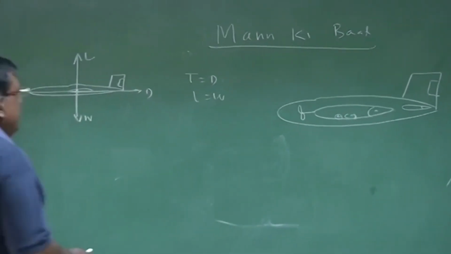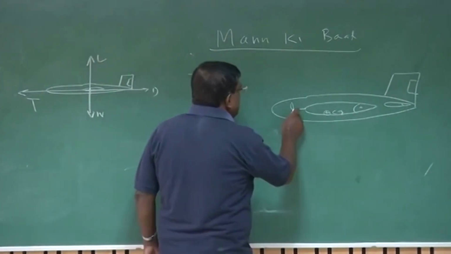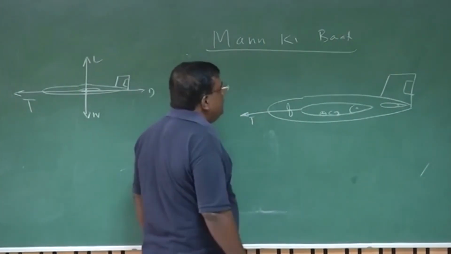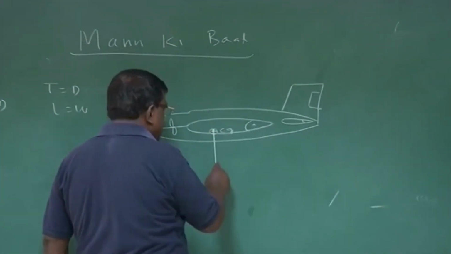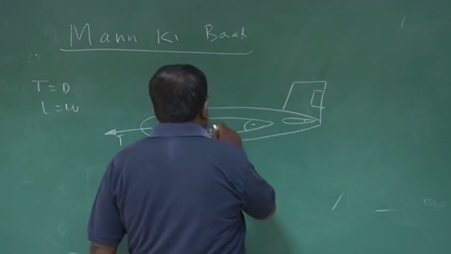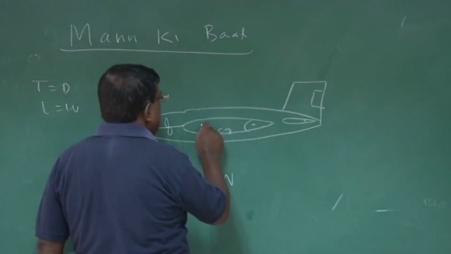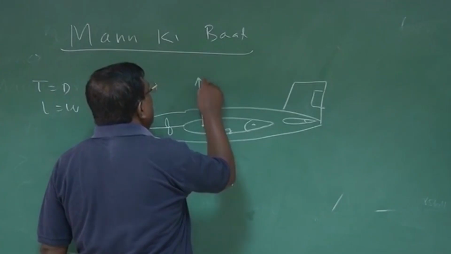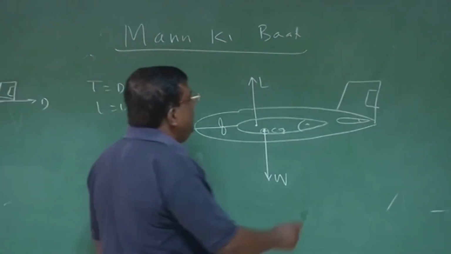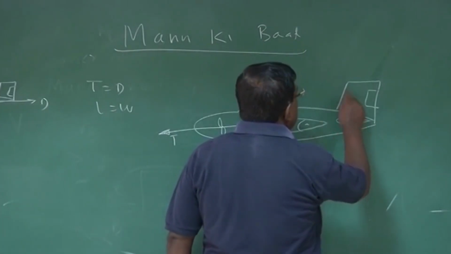And when it is flying, actually what is happening? You see, this portion gives the thrust, okay? Weight is here. Then lift on the wing will be at some point, let's say here. I will explain to you where exactly this point will be. Similarly, lift on the tail will be somewhere here.